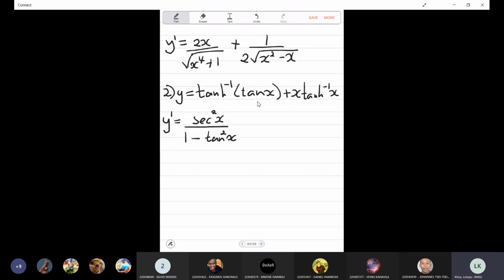And then for the second term, we have to use the product rule. So we have hyperbolic tan inverse of x, and then plus x over 1 minus x squared. Shouldn't write it like that.